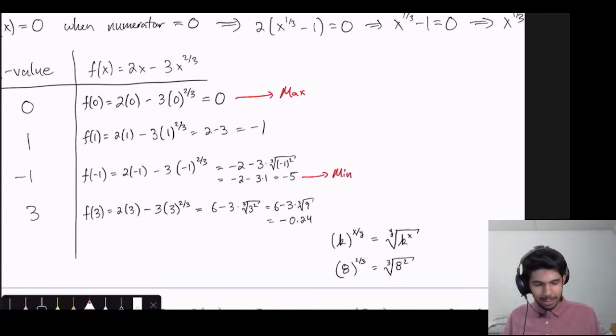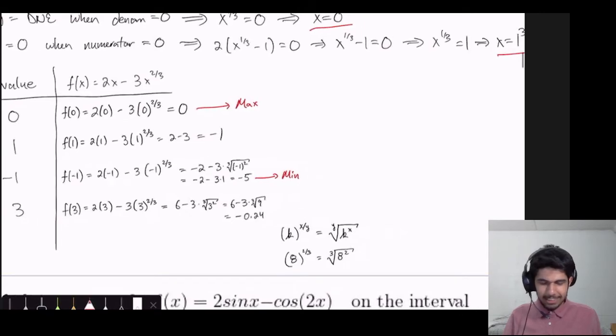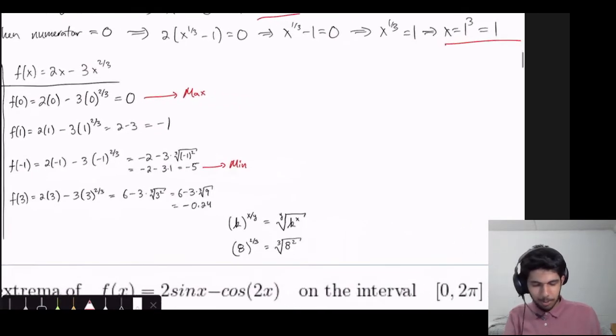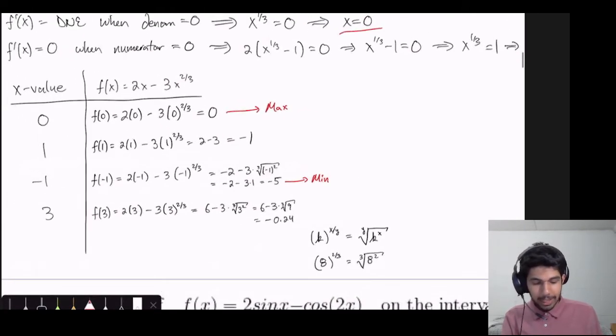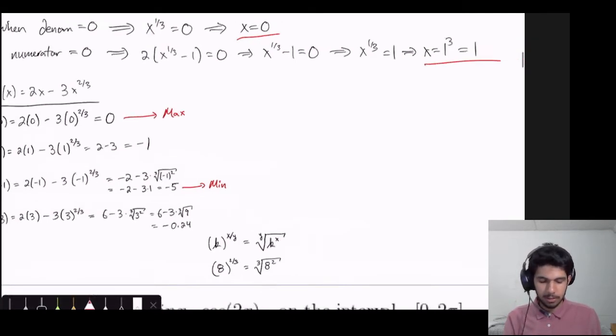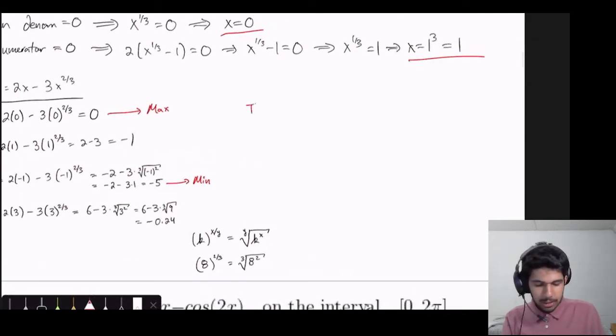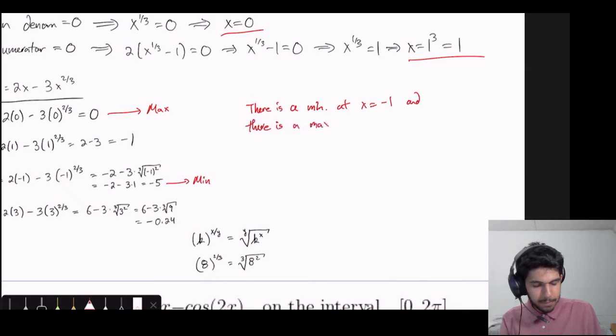And as always, I would like to add a sentence here, just saying what we found. Notice that the max occurs at x equals 0, and the min occurs at x equals negative 1. So let's write out: there is a minimum at x equals negative 1, and there is a maximum at x equals 0.